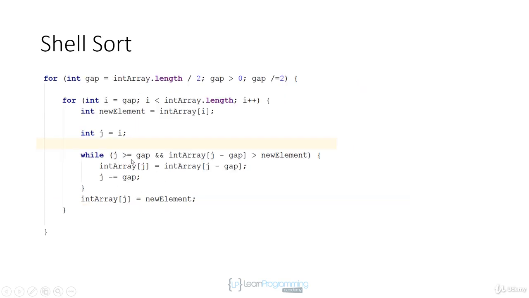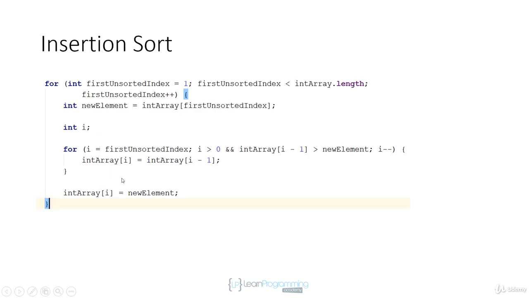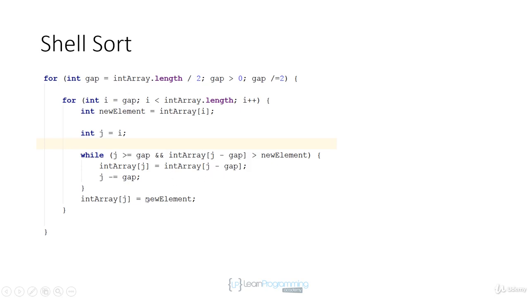And here we want to do the shifting. And here, because we're using a gap, we have to calculate the next index we want to look at differently. We can't just decrement it by 1 as we are with insertion sort, because we're assuming a gap of 1 here. And then when we drop out of this loop, we assign new element to int array I. And here, when we drop out of the loop, we assign new element to int array j.